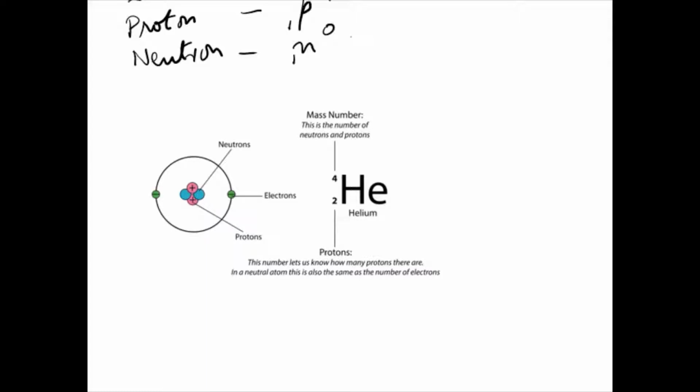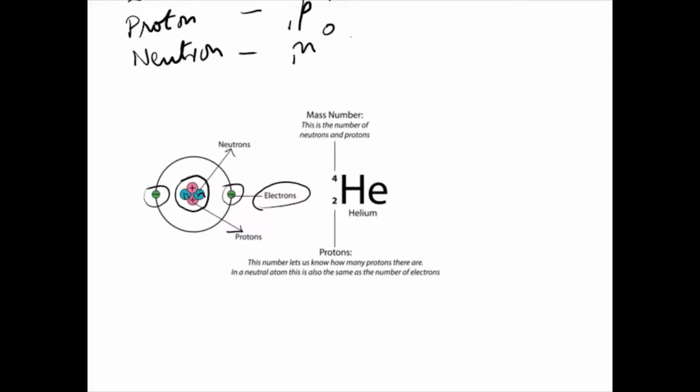It has 2 protons in the nucleus, 2 neutrons which are together called nucleons, and 2 electrons. These are the 2 electrons outside the nucleus. This is the nucleus of the helium atom, which contains 2 protons and 2 neutrons.